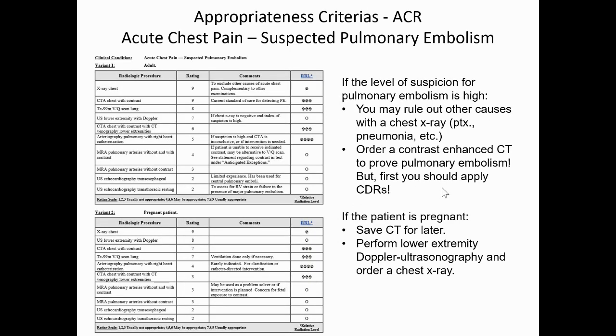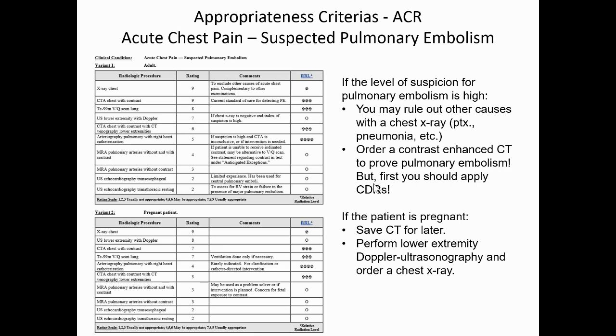For a patient who is suspected of having pulmonary embolism, a chest X-ray might be appropriate if you are suspecting some other causes like a pneumothorax or pneumonia. And if you have ruled those out, then you can move on with the CTA.